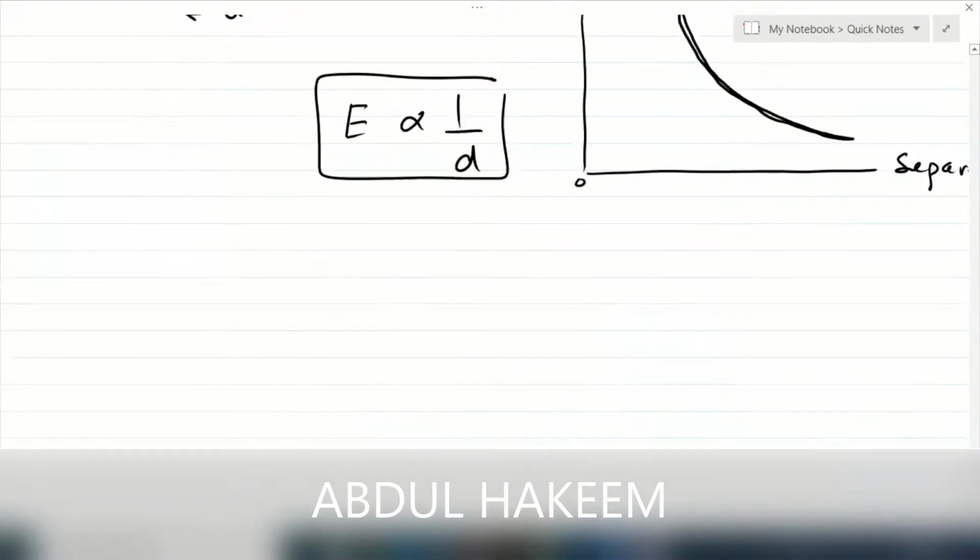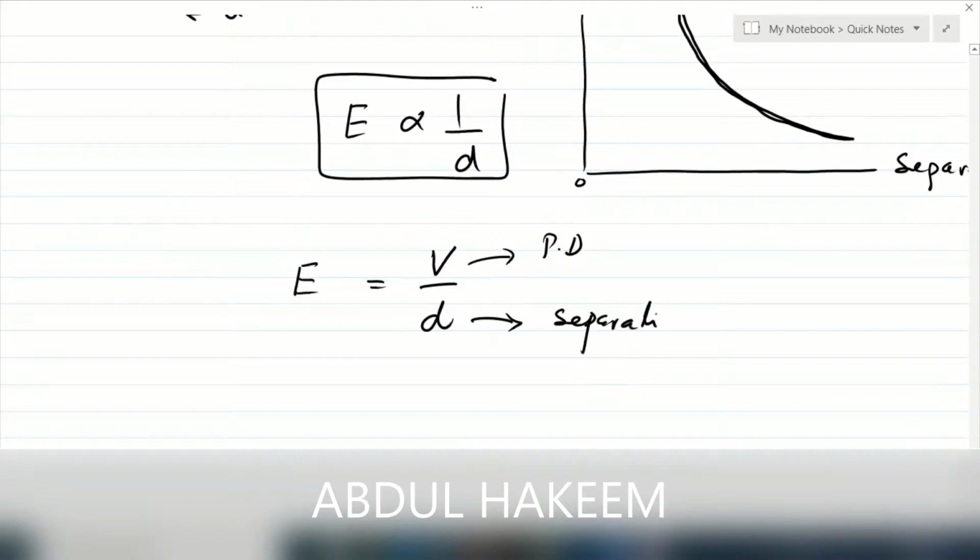So do remember, in this formula, E is equal to V divided by D. This is the potential difference between the two plates, and this D is not distance. This is the separation between the two plates.